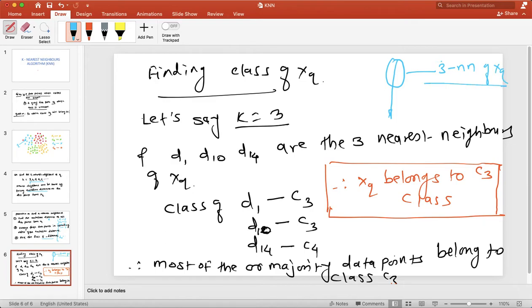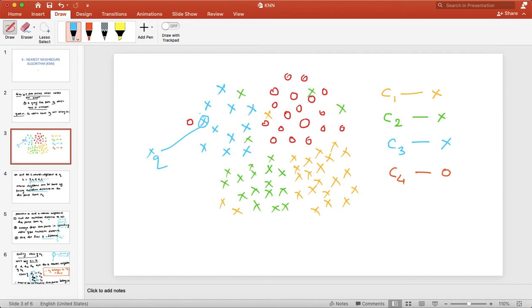Now after finding these 3 nearest neighbors, look at their classes. What is the class of D1, what is the class of D10, and what is the class of D14?